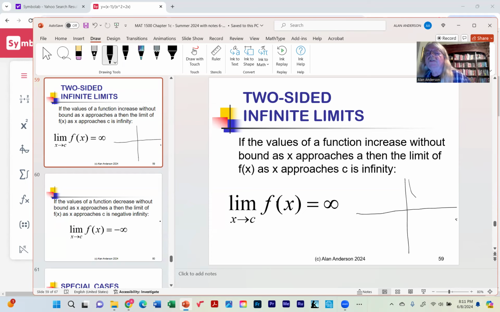Okay, this is what I wanted you to see. So you can see as x approaches zero from the left and as x approaches zero from the right, either way, the function is approaching infinity.